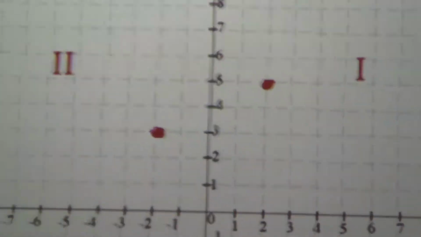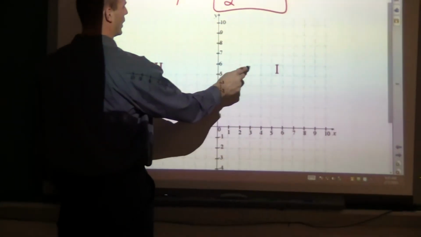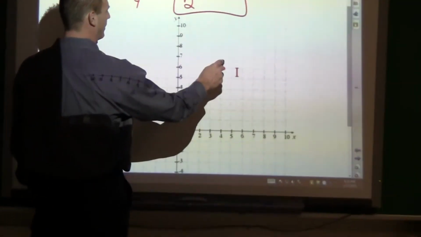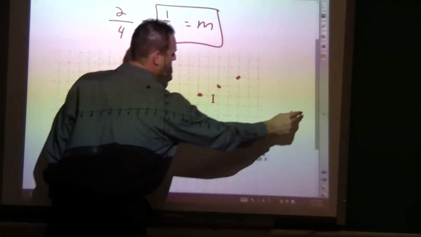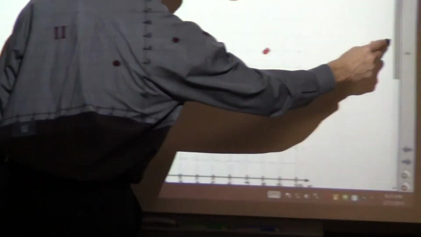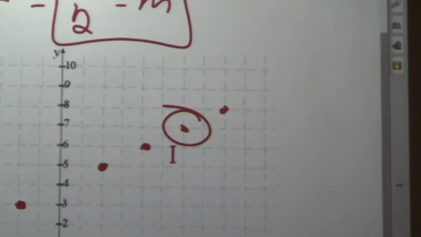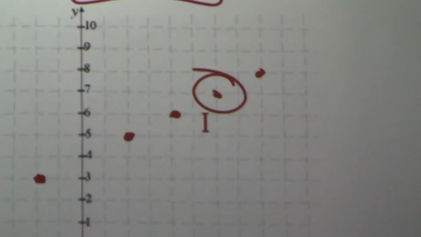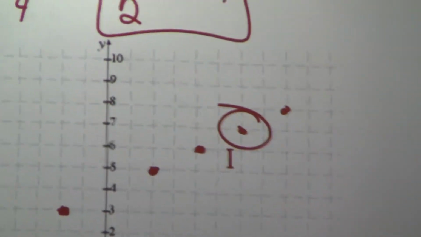And then we could track over using the slope: up 1, right 2, up 1, right 2, up 1, right 2. Continue on, draw the line. They were looking for an x value of 6, so I could look at my graph where 6 is and come up here, and I'm at 7. So the y coordinate is 7.